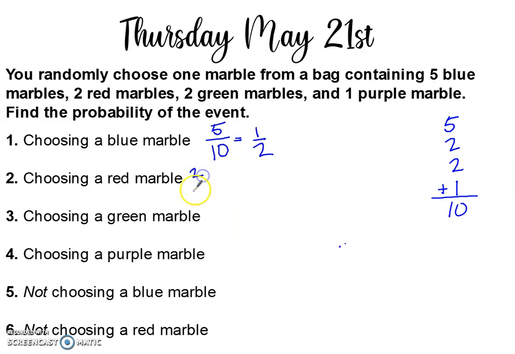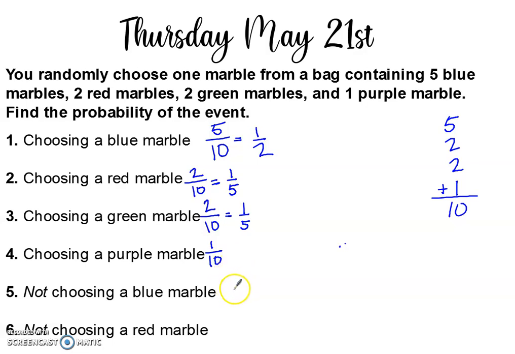There are 2 red, there are 10 in the bag, and I can reduce that to 1/5. Choosing green. There are 2 green, there are 10 in the bag, and I can reduce that to 1/5. Choosing purple. There's 1 purple, and there's 10 in the bag, 1/10.